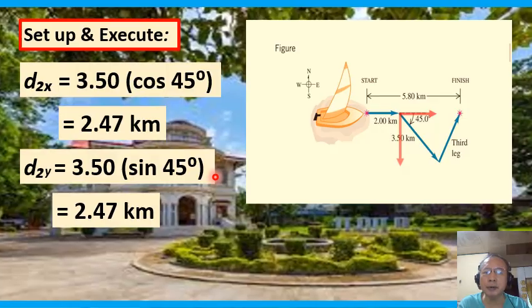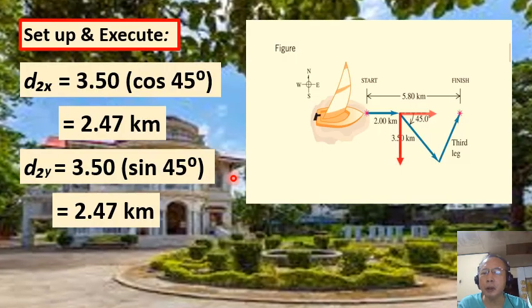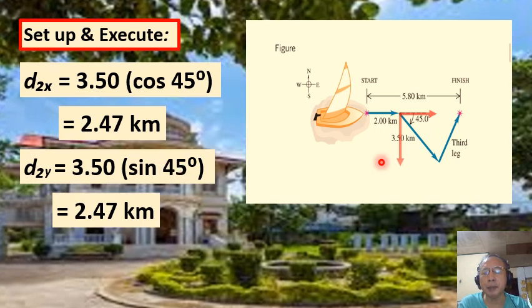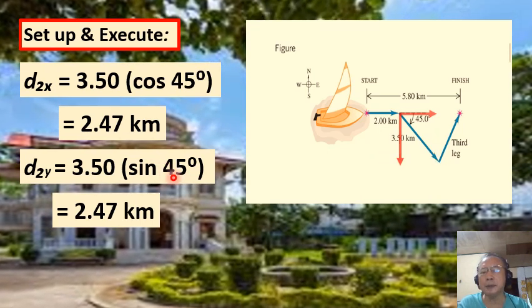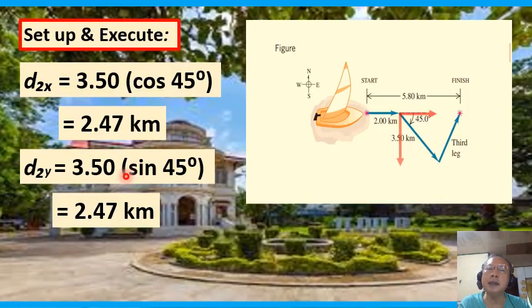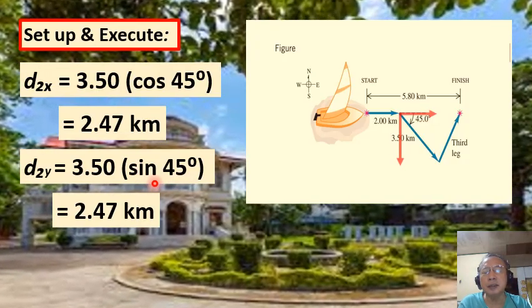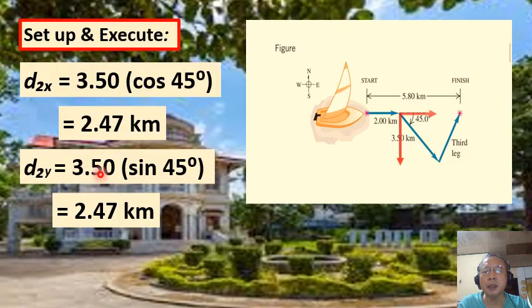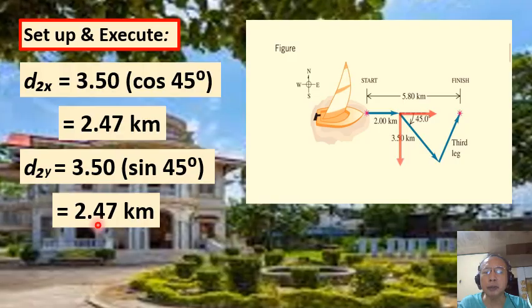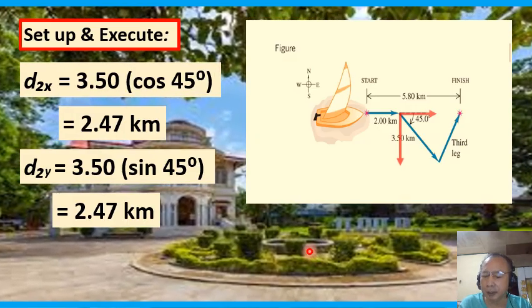Using SOHCAHTOA, the opposite side over the hypotenuse, meaning the opposite side of the angle 45 degrees divided by the hypotenuse, is the sine of the angle 45 degrees. So just the same, the magnitude of the y component of d2 is also equal to 2.47 kilometers.